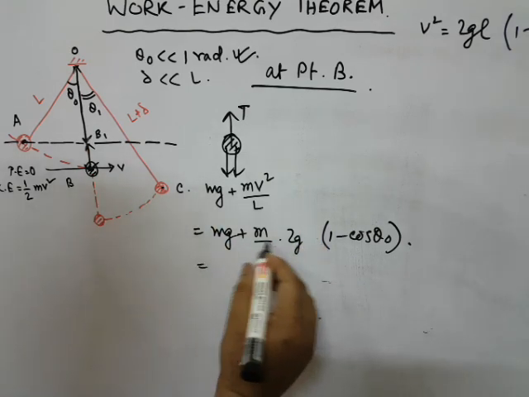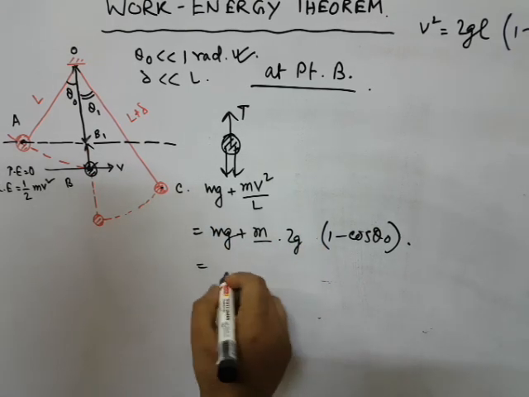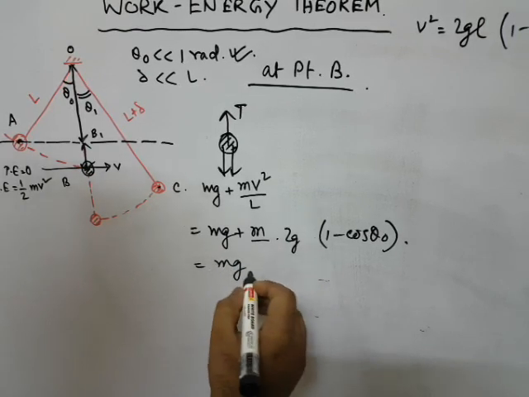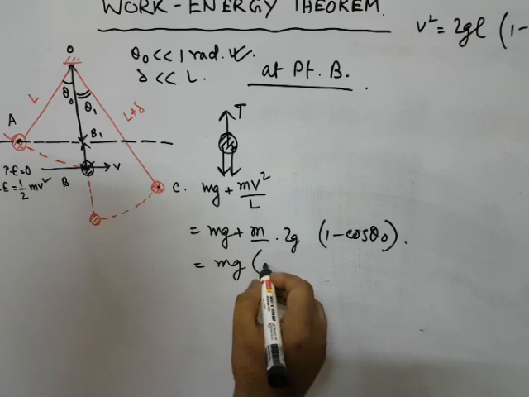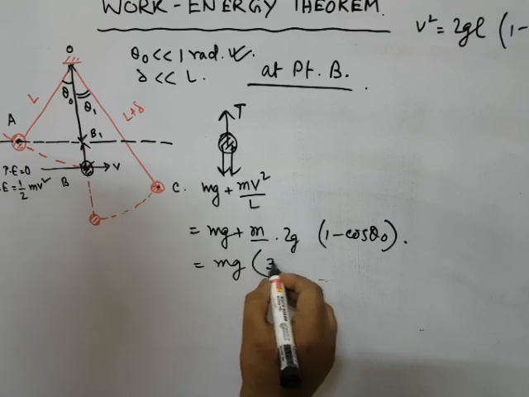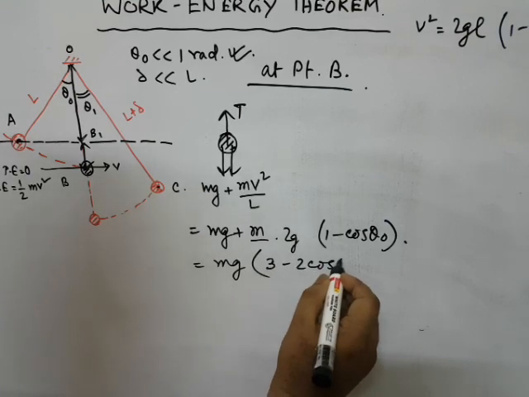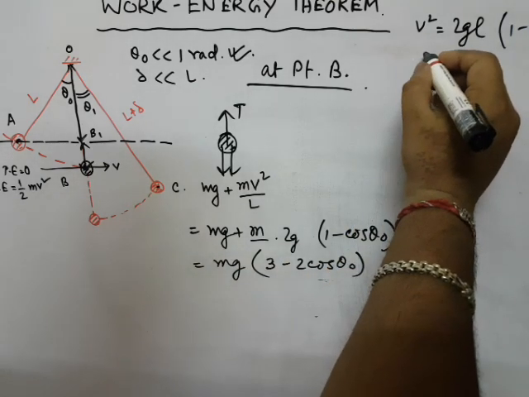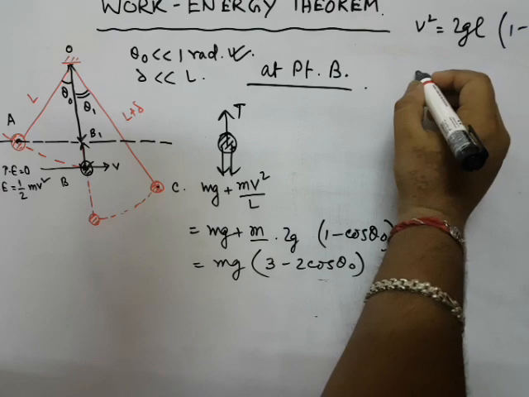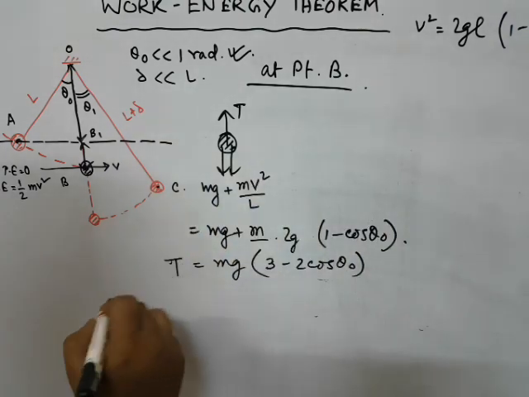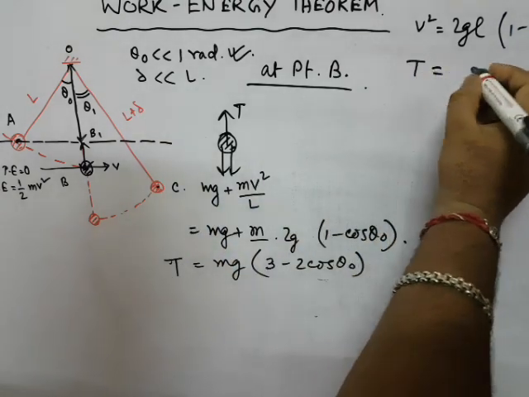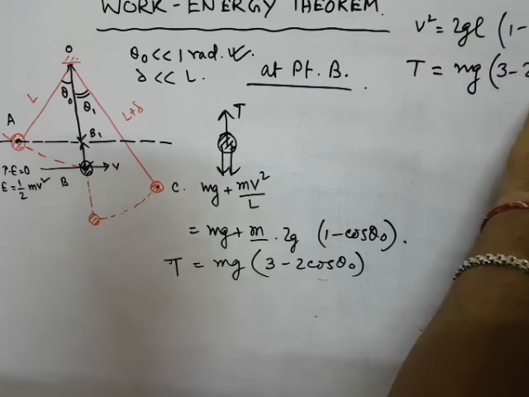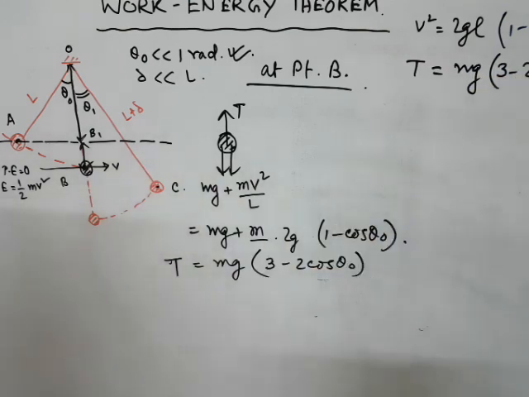So mg plus 2mg into (1 minus cos theta naught); taking mg outside, you get 3 minus 2 cos theta naught. Let's keep this as equation 1. The tension in the string will be mg(3 minus 2 cos theta naught).